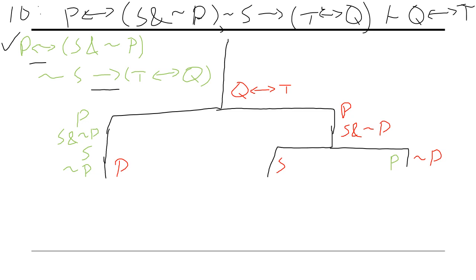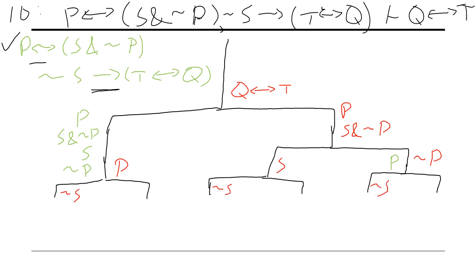Now we gotta look at this one. Main operator here is the arrow. So, not S, not S, not S. Put the T double arrow Q, T double arrow Q, T double arrow Q. Flip the S's across to get rid of those tildes.